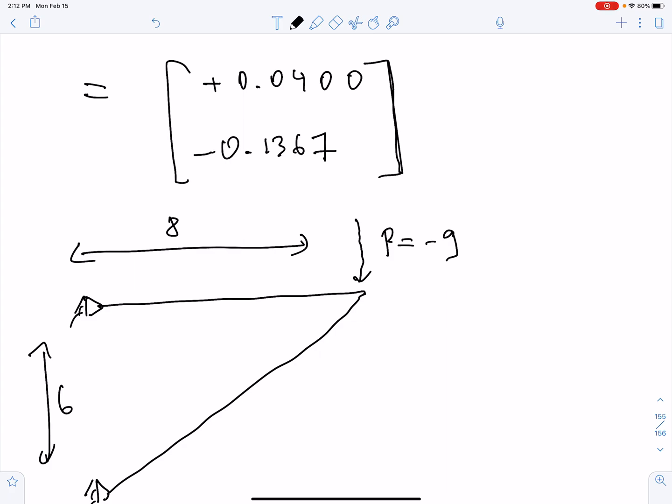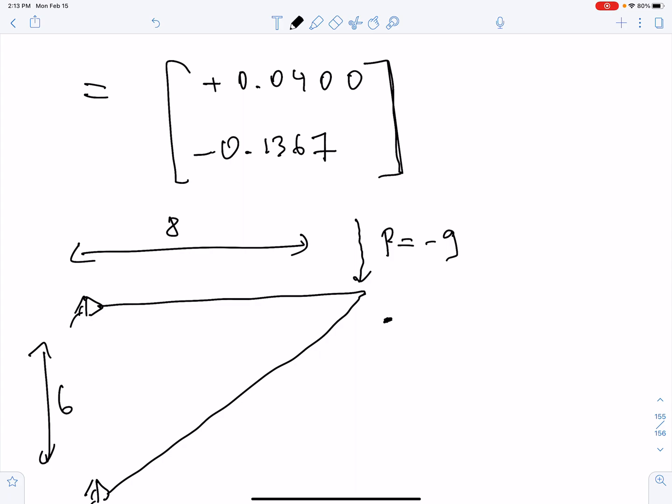It actually moves to the right and it moves down, so the new location would be somewhere here.